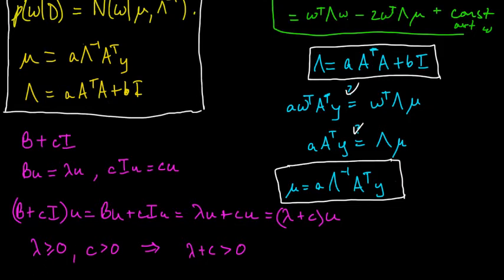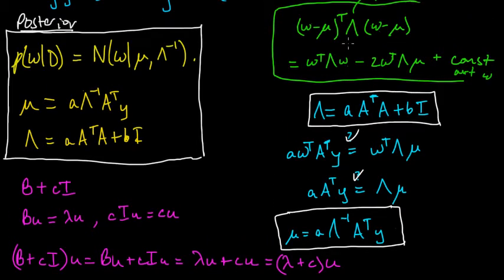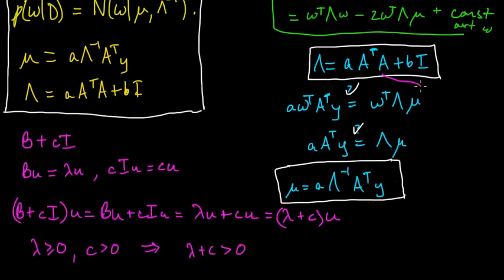All of the eigenvalues of B were non-negative because A transpose A is positive semi-definite. Actually, little a times A transpose A is positive semi-definite, because little a is a strictly positive number, so that doesn't change the fact that A transpose A is positive semi-definite.